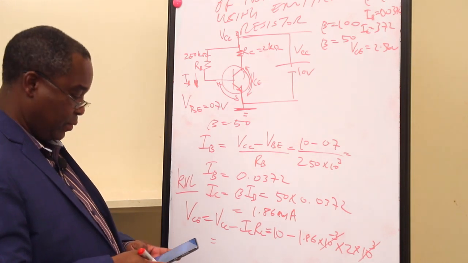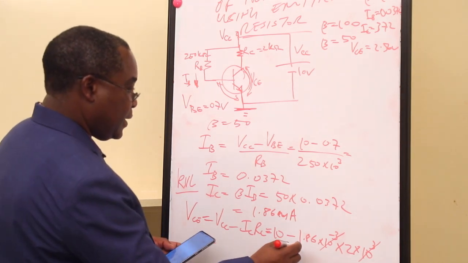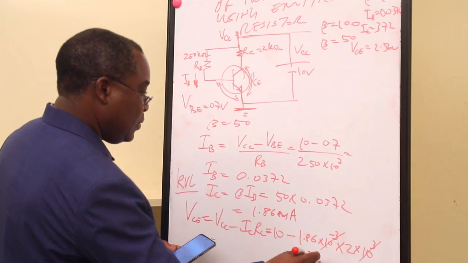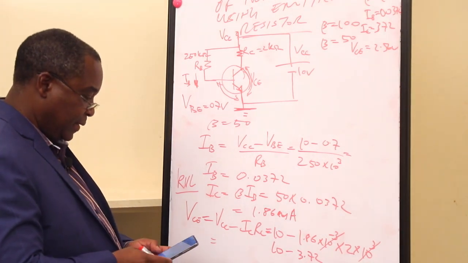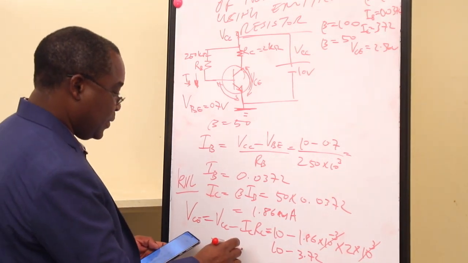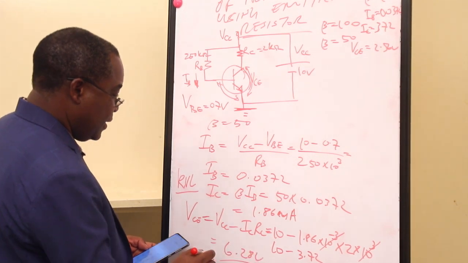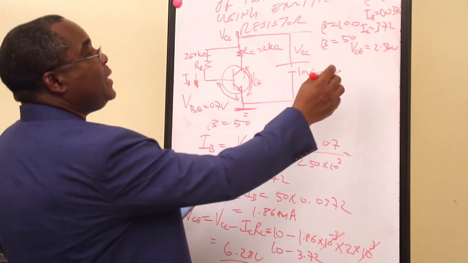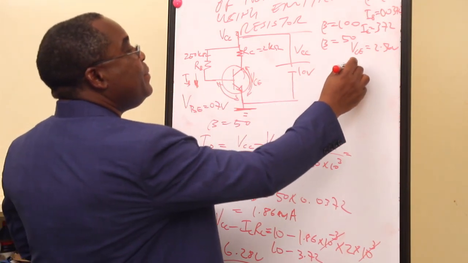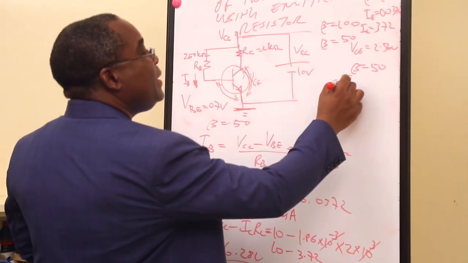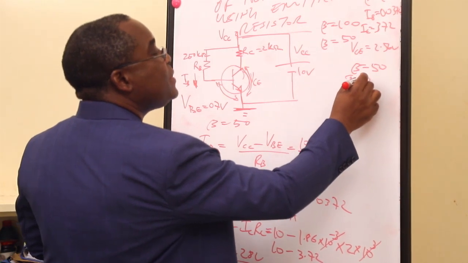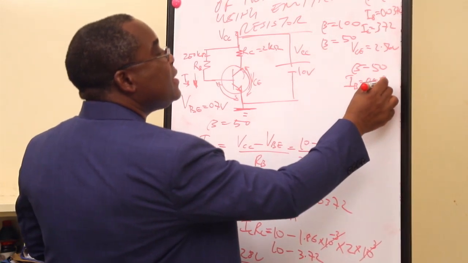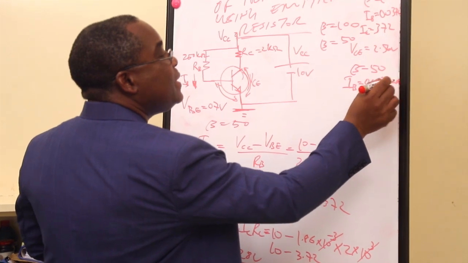1.86 times 2 is equal to 3.72. We minus that from 10, we have 6.28 volts. This is our VCE. So again, I'm putting my data here. At beta at 50, IB is the same, 0.0372 milliampere.